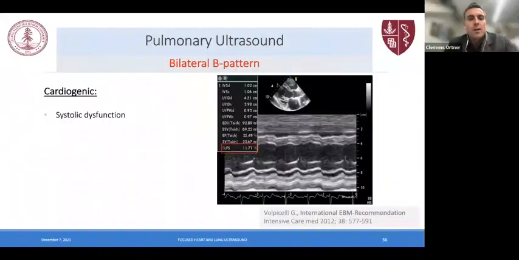Now, let's say based on your eyeballing the systolic function is decreased. What parameters or markers do you know that you could use to further describe and document systolic function?